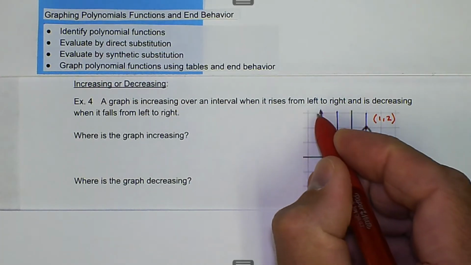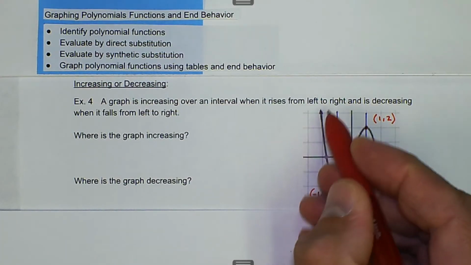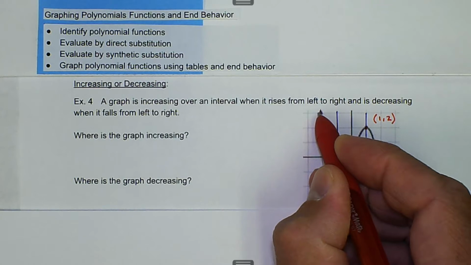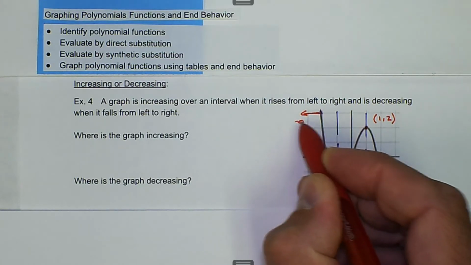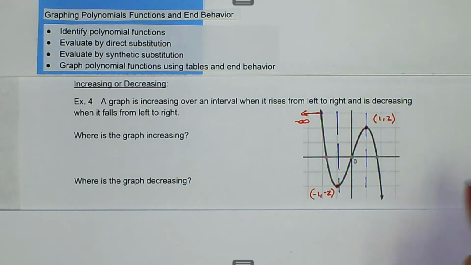So this arrow over here has 2 components to it. It has a vertical component and it has a horizontal component. And this says that it's going to -infinity. Same thing over here. There's a y component that goes to -infinity, but there's also a horizontal component that goes to +infinity.